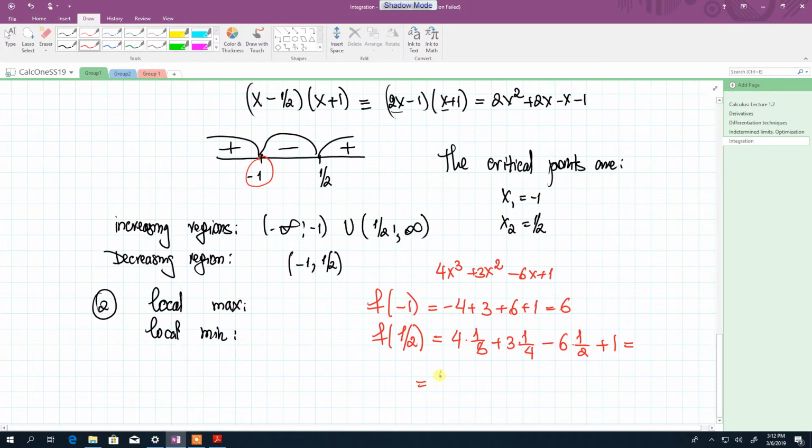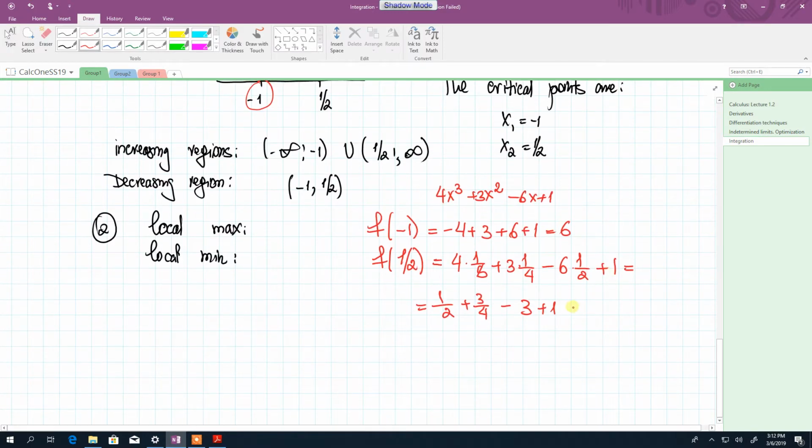This will be equal to 1 over 2, plus 3 over 4, minus 3, plus 1. If I give the common denominator 4 for all the terms, 2 for the first term, and 4 and 4 for the last two terms, this will be equal to minus 3 over 4. The function's local minimum is equal to minus 3 over 4.